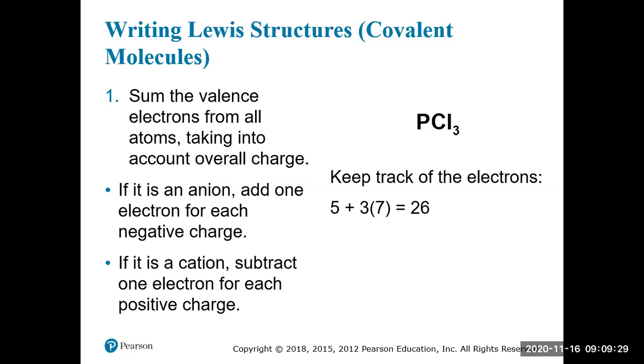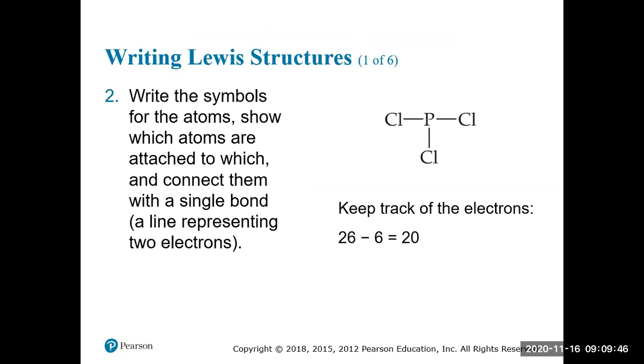Now we know we have 26 electrons to work with, because the molecule is neutral, so we're not adding or subtracting any because of a charge. Let's see how we can distribute those 26 electrons and satisfy the octet rule.